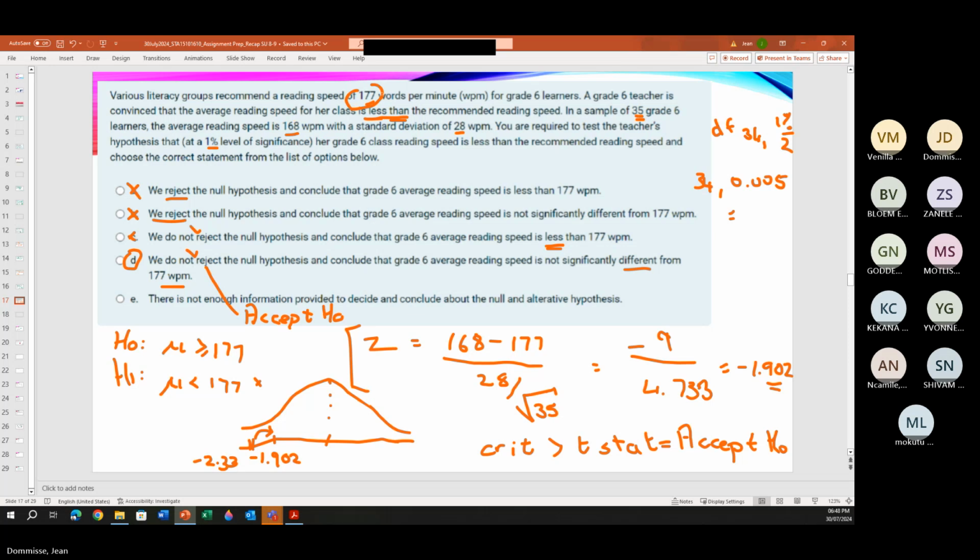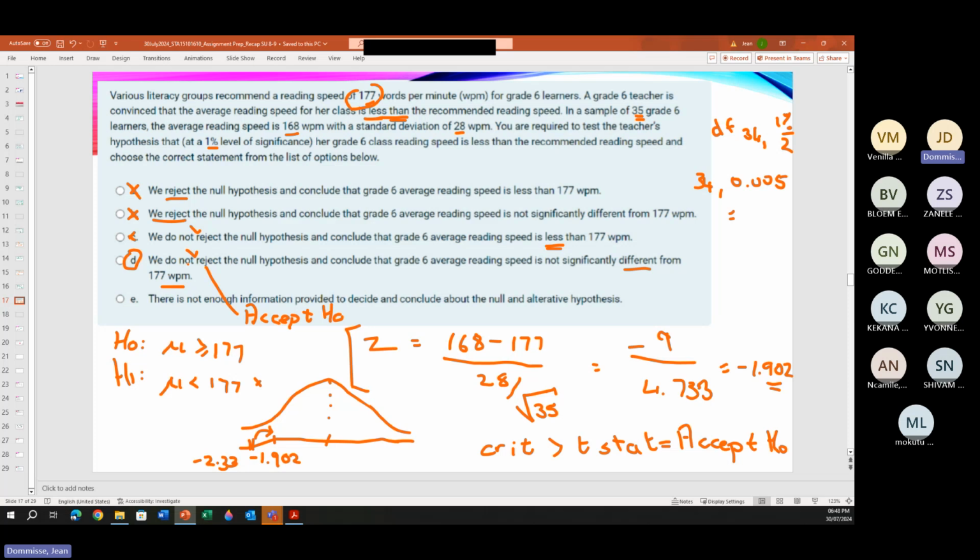The class doesn't show a difference between their scores and the scores of the population. So we do not reject the null hypothesis, and thus we can conclude that there is no significant difference.